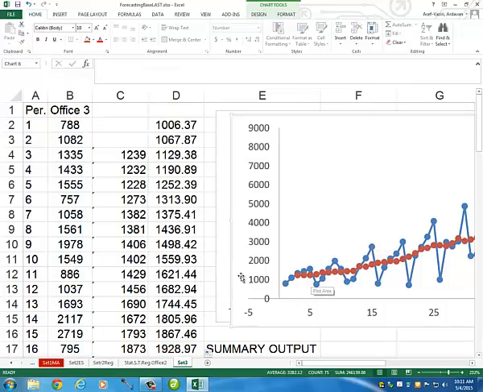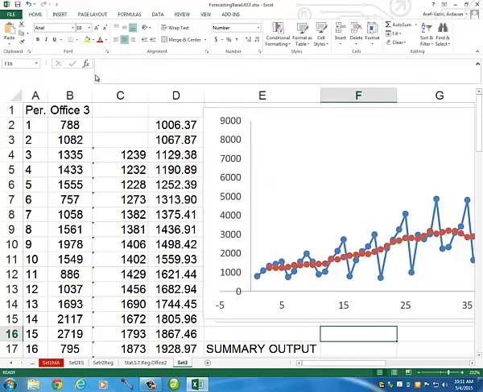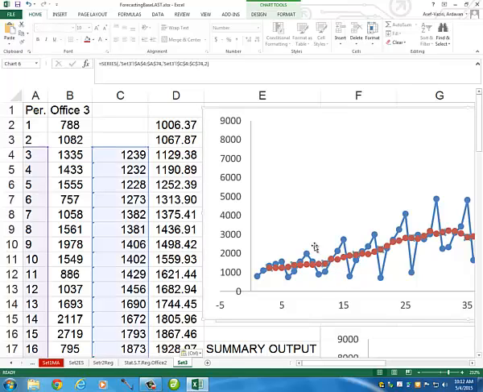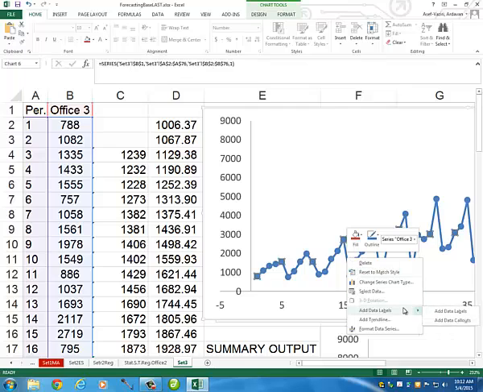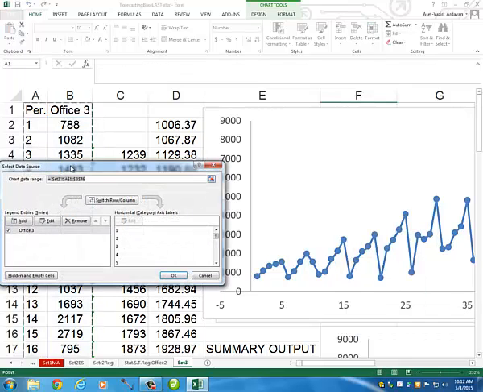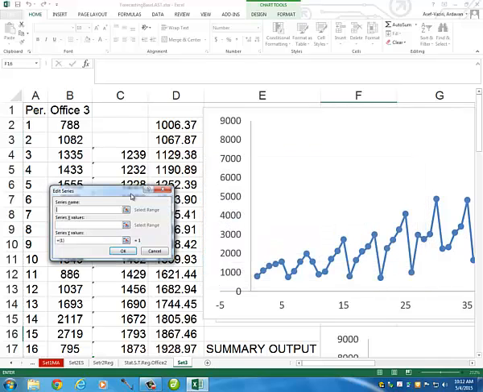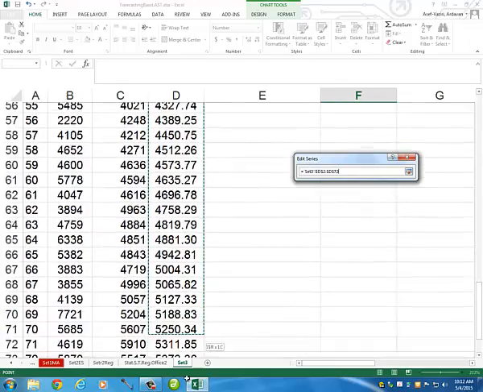Again, I copy and paste it, and then I delete this previous line which I had, and then I go here, select data, add, and I select this regression that I have provided, and this was the regression line.